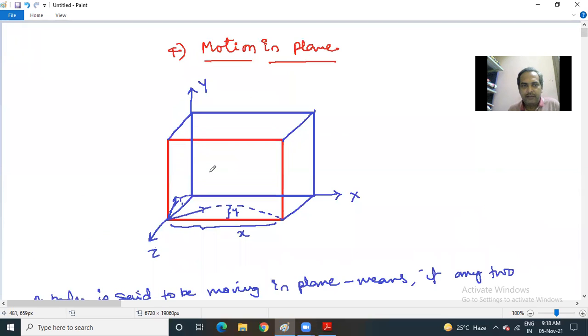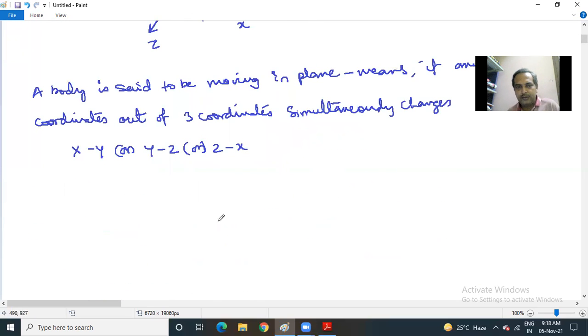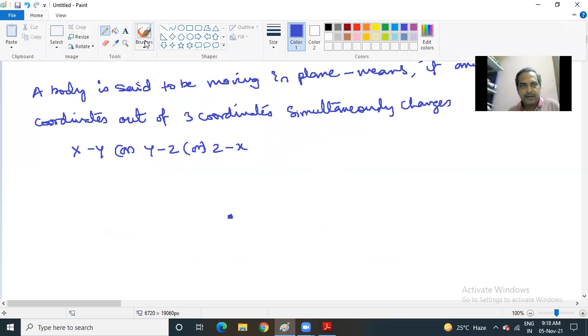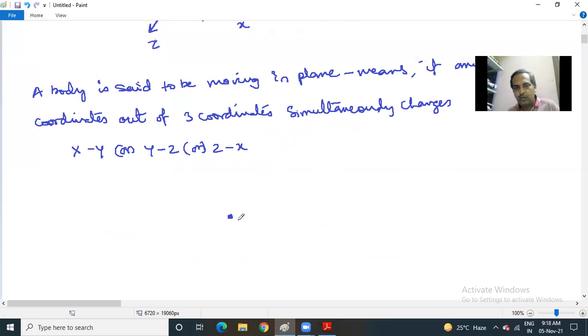Here one more thing will come. For example, this is the point from where you started moving. There is a possibility for you to go in the positive x direction. So this is the positive x direction. There is also a possibility that from this point you can go to the left side, which is the negative x direction.